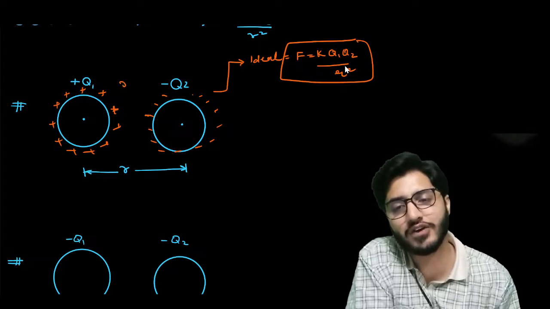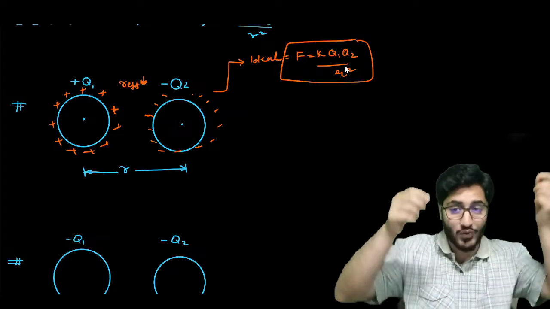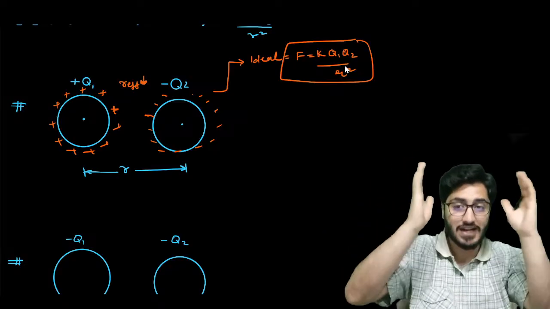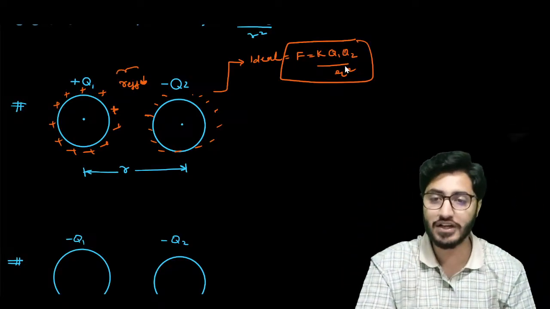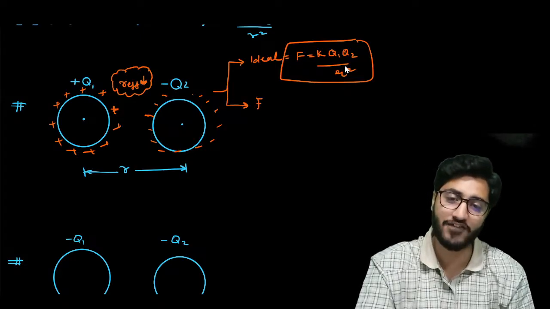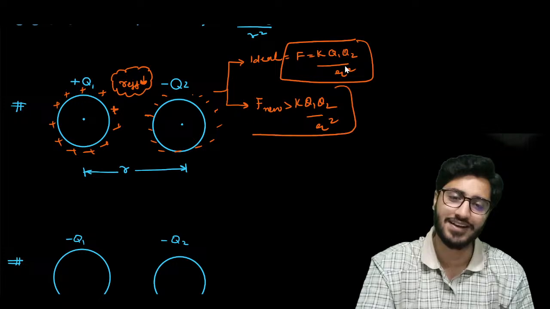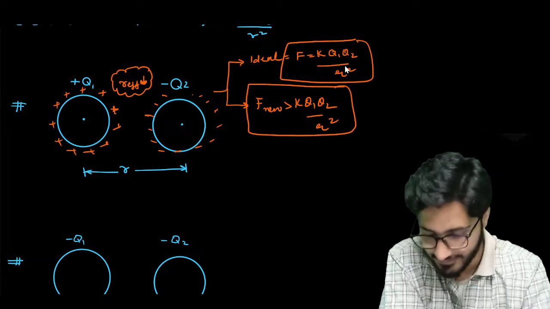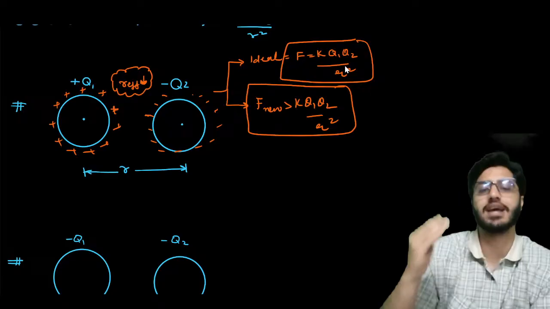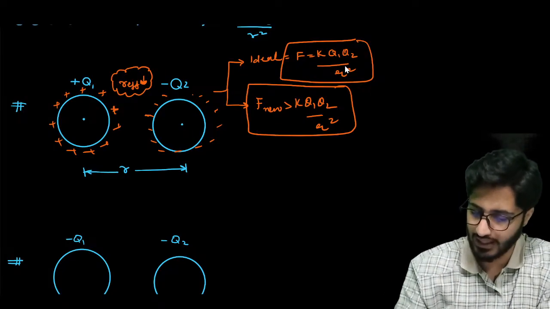The R effective will decrease. It will come closer due to the attraction between positive and negative on the surfaces of the sphere. If R effective decreases, F increases. So my F will be more than K Q1 Q2 by R square. You have to think like this.